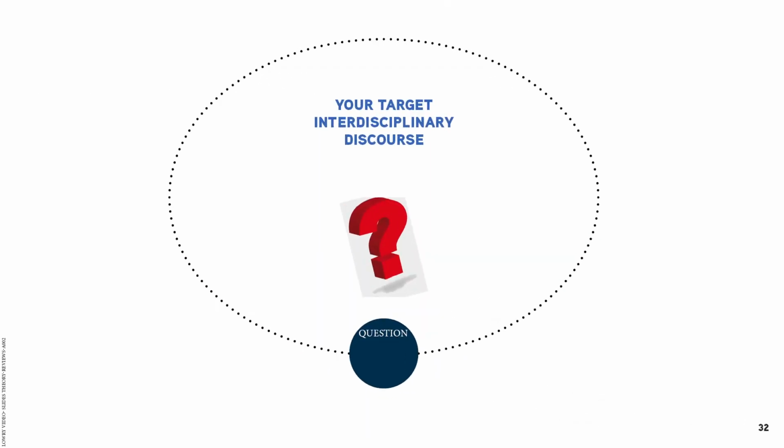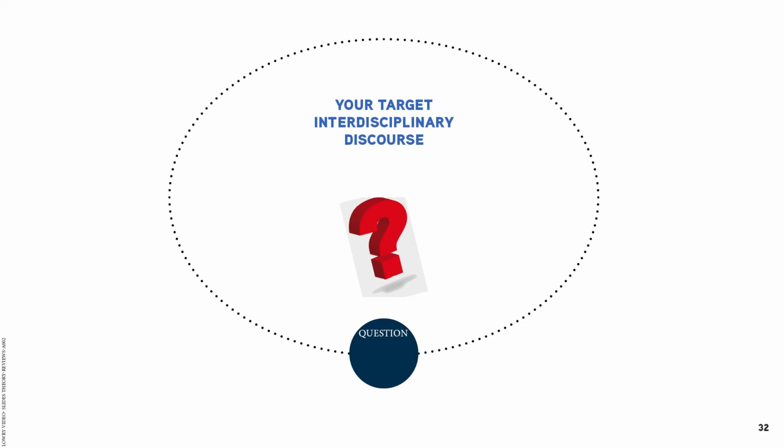So let's start with these artifacts. I'm going to create an oval that I'm going to fill out in this presentation. And I'm going to start with one of the first artifactual components of theory. And that is one of the most important artifacts of theory, and that is the question.